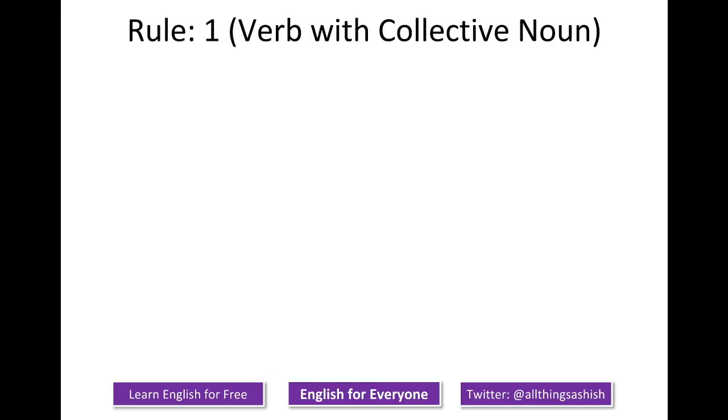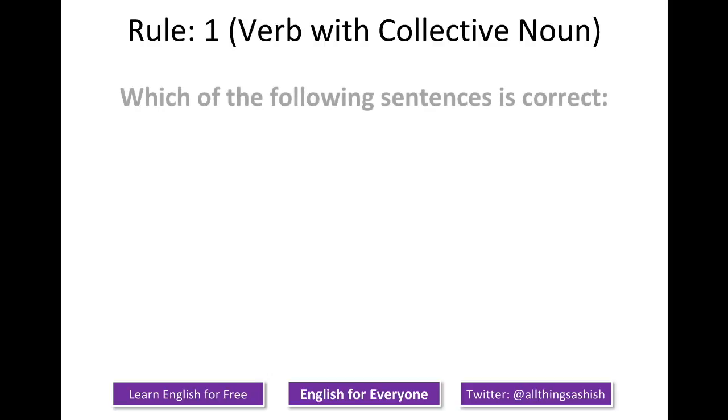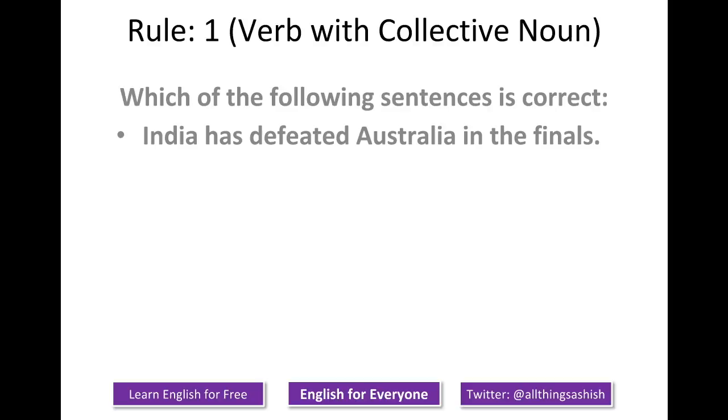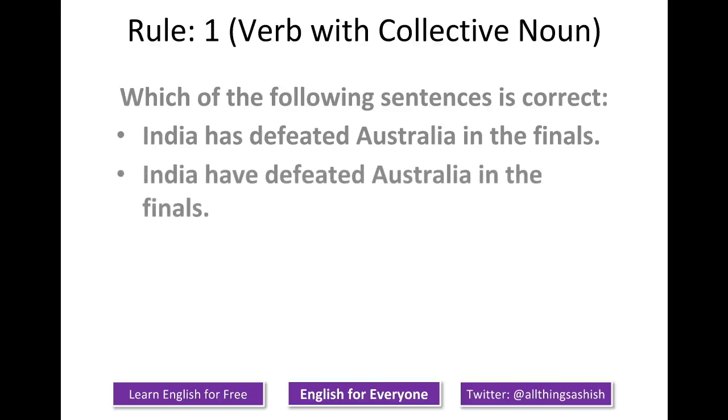So let's look at the first rule connected with collective nouns. Which of the following sentences is correct? India has defeated Australia in the finals, or India have defeated Australia in the finals?